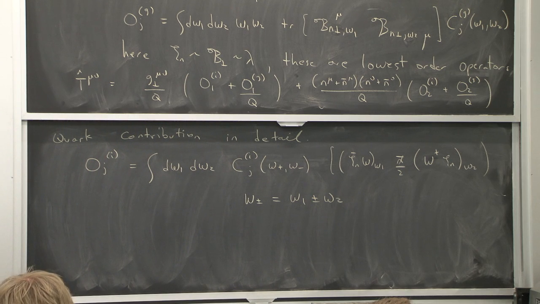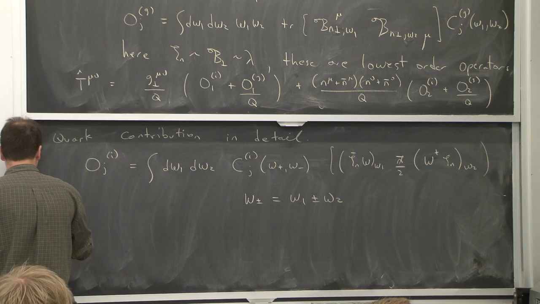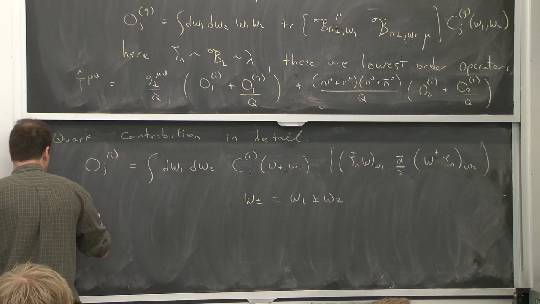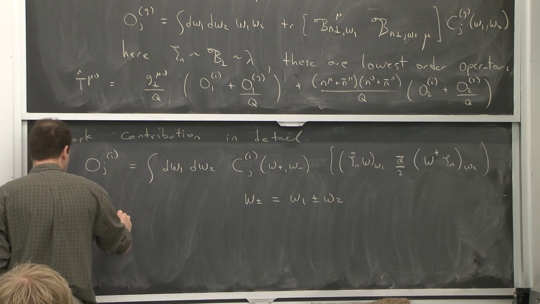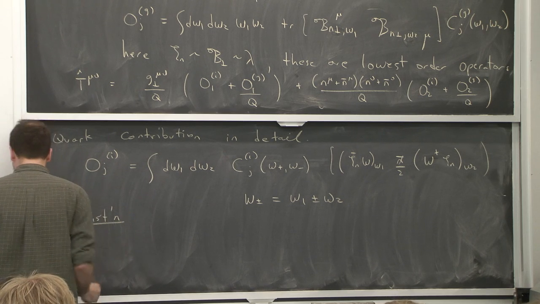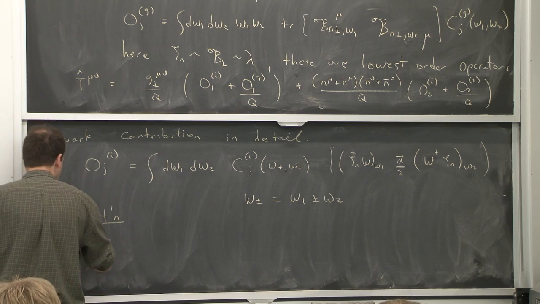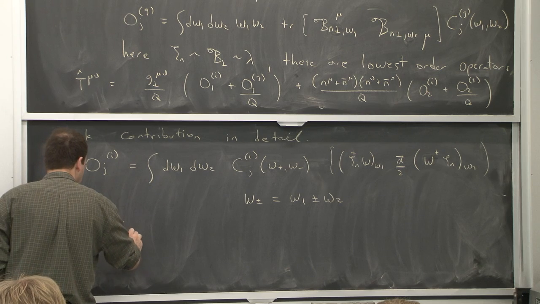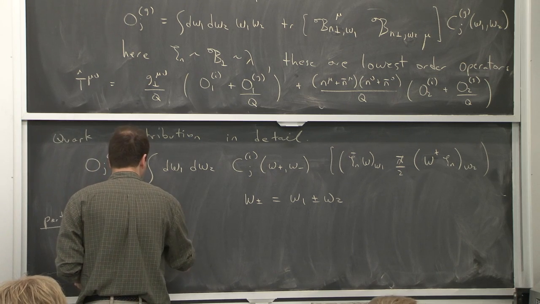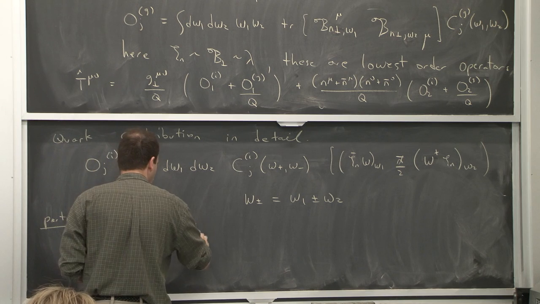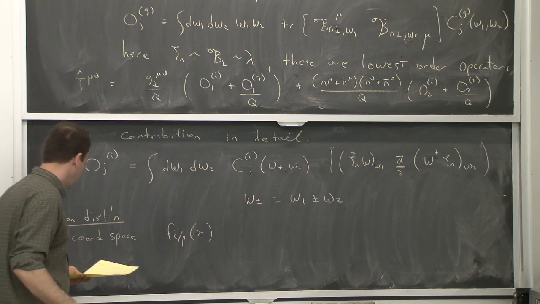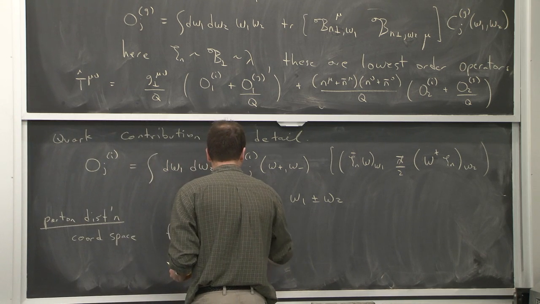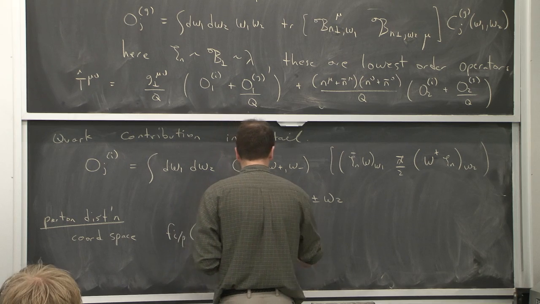OK, so what's the parton distribution function? Let me convince you that it's actually related to this operator. If you were in coordinate space, the coordinate space for us was Z. We're saving X for something else.